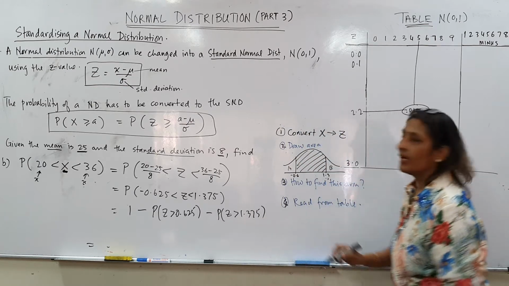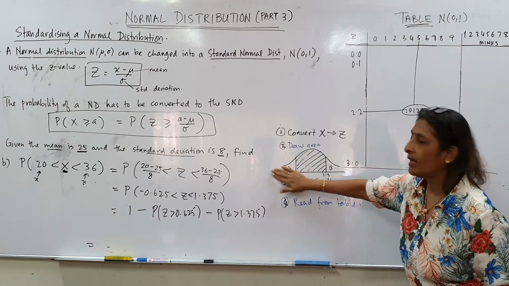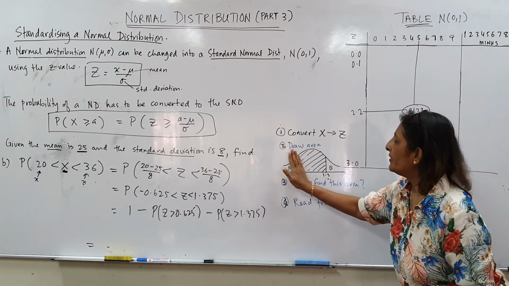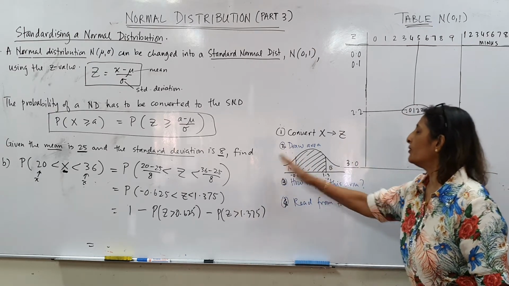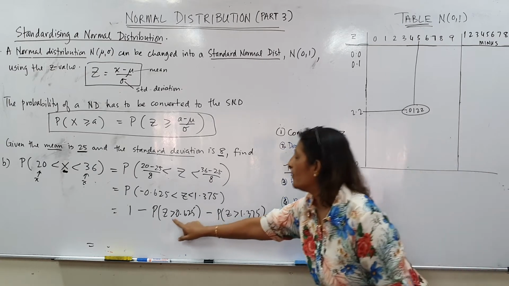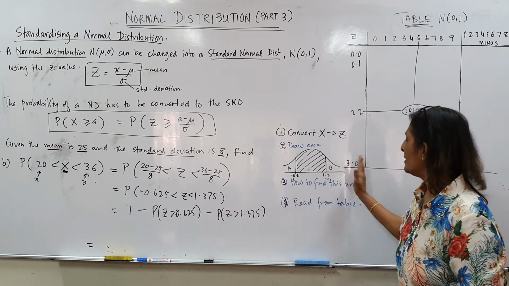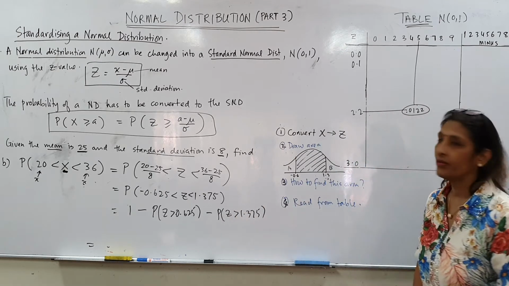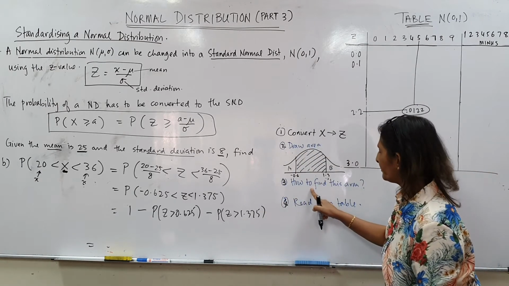Okay, I repeat. To find this area, you have to take the whole bell, that is 1, minus area A. Now area A is on the left corner, we imagine it's this side, so we put more than 0.625. Then minus area B, which is Z more than 1.375.